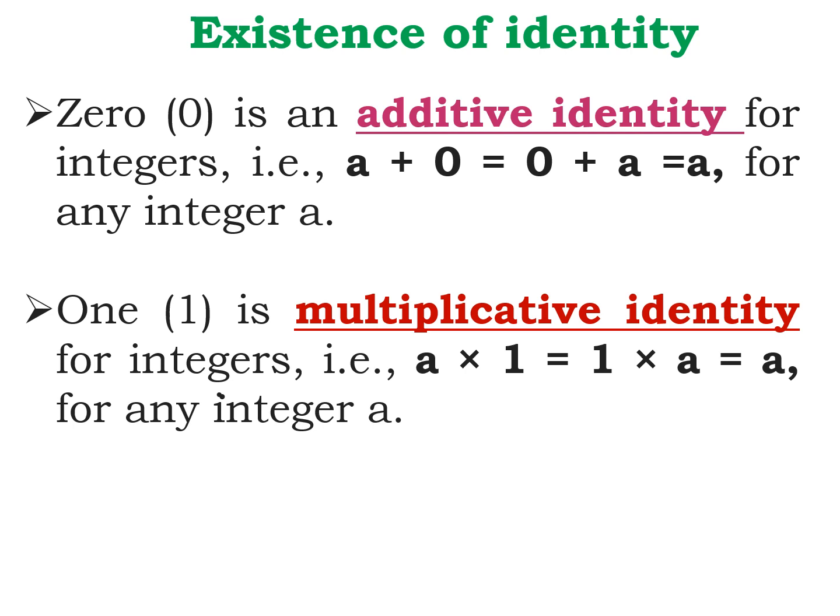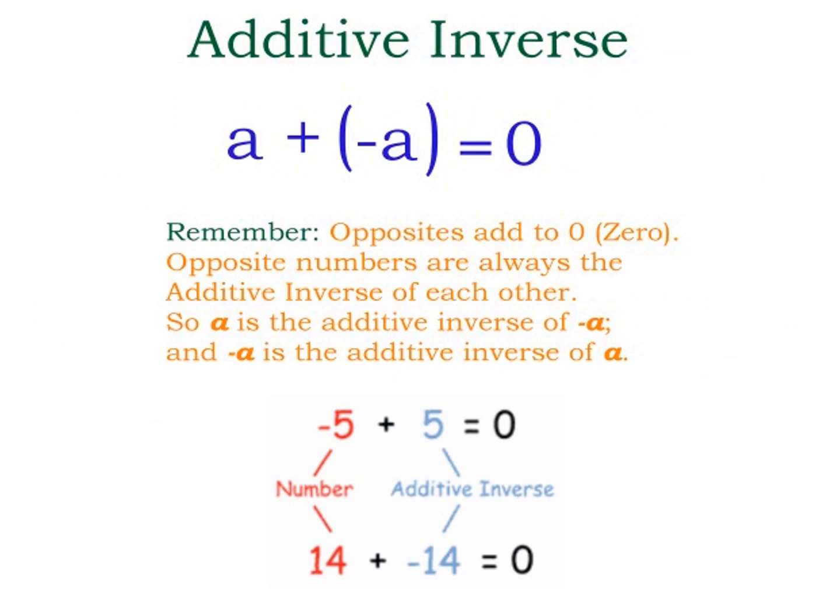So, in an additive identity for integers, a plus 0 is equal to 0 plus a is equal to a for any integer. Multiplicative identity refers to what needs to be multiplied with an integer so that its value doesn't change. We will see them with some more examples.